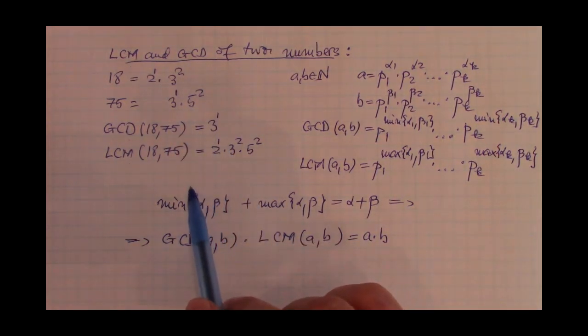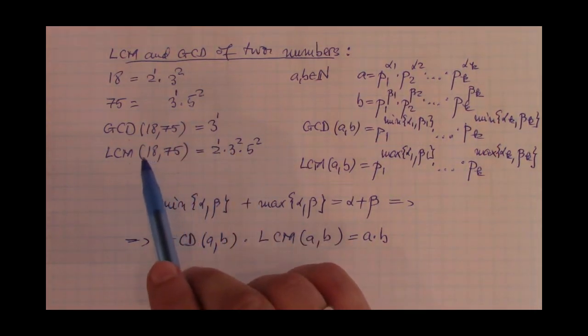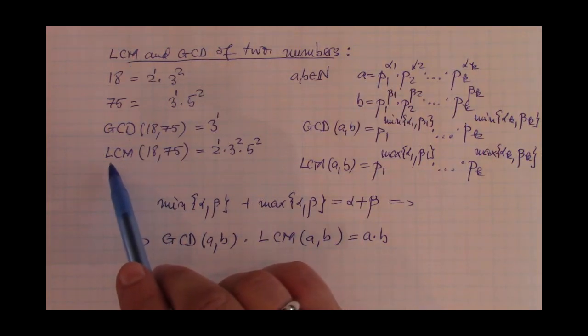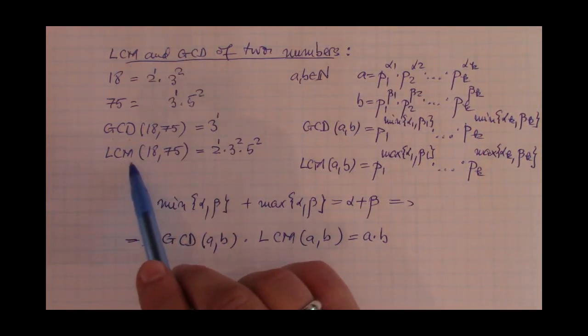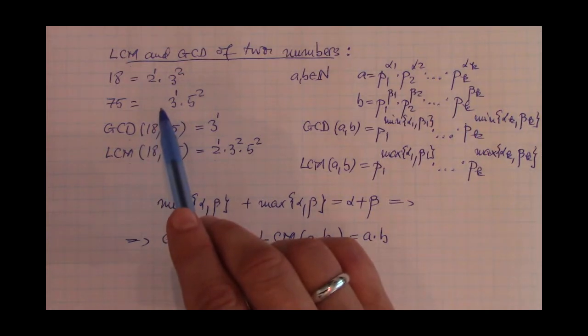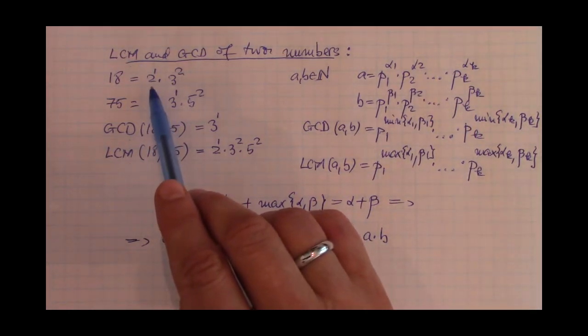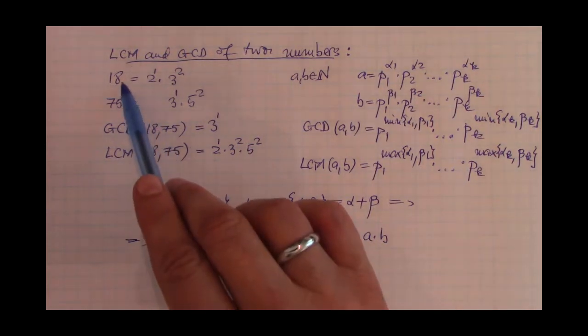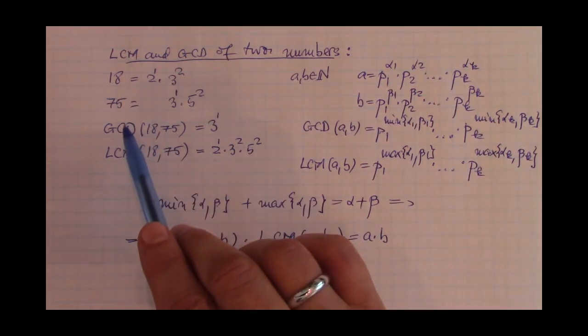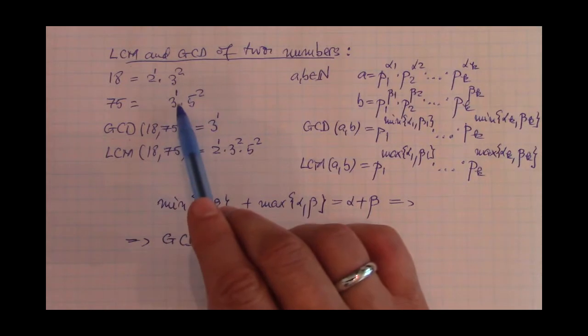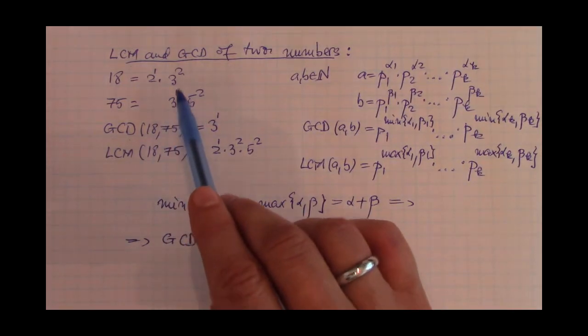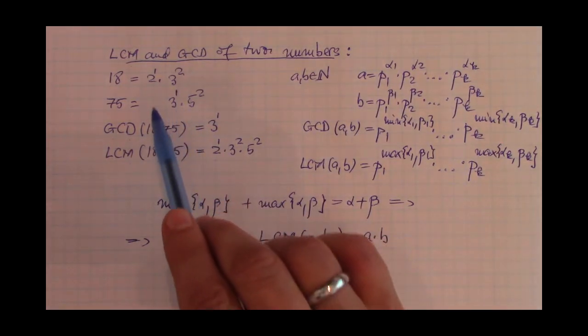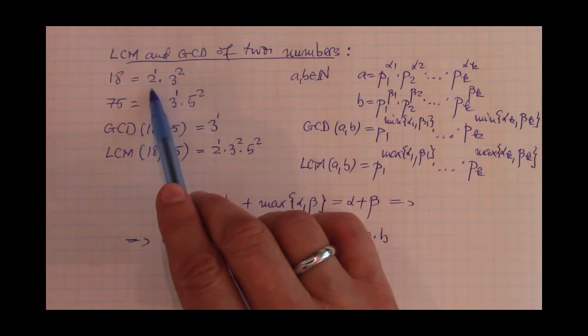Now we are also taught that the least common multiple, the LCM between two numbers, is obtained by looking at every single prime factor involved in the prime factor decompositions of the two numbers, and we take every single one of them exactly one time to the highest power. For example, the first one is 2.